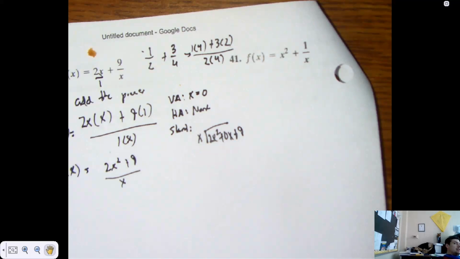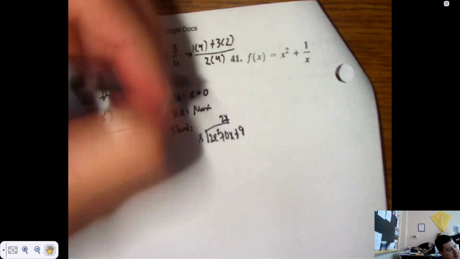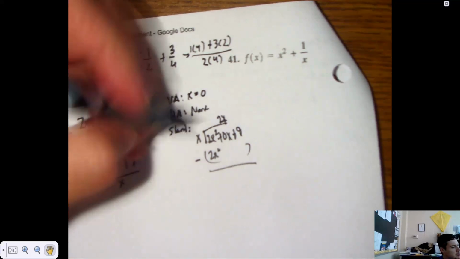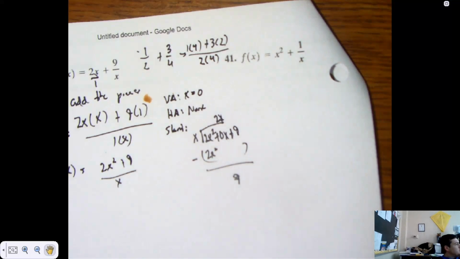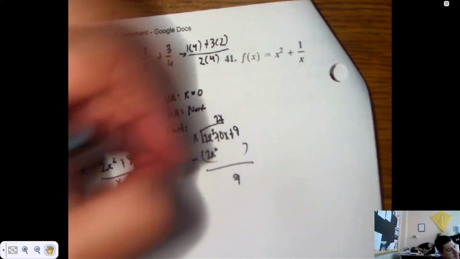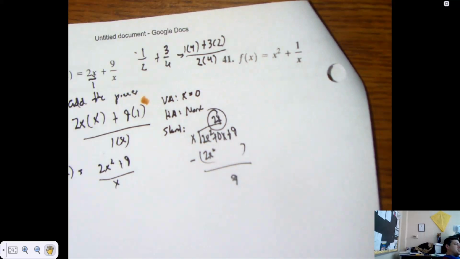How do you turn an x into 2x squared? You 2x it. You subtract, the 2x squareds cancel. Now all you have left is 9. You're done because that 9 represents what? Remainder. So there's your slant asymptote. 2x, y equals 2x.